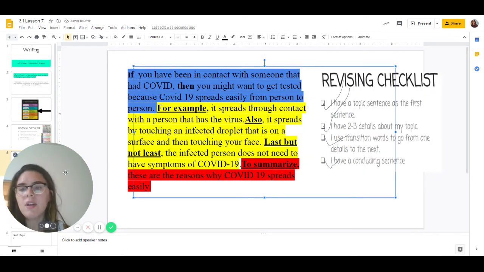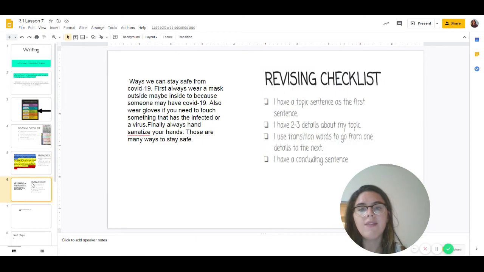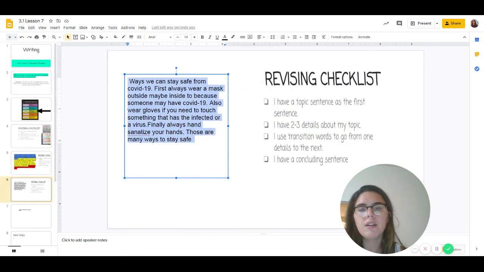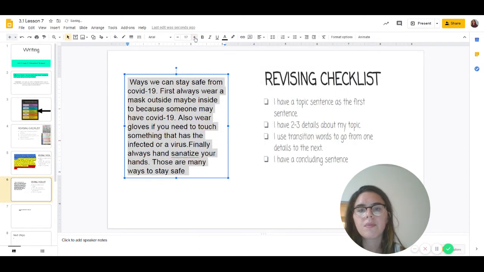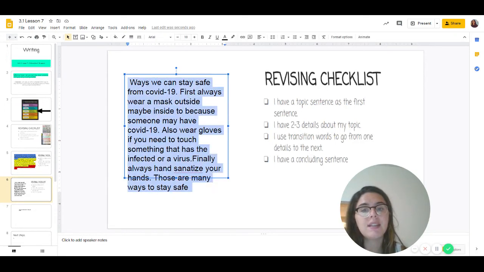Okay, so now I'm going to show you an example of some of the ones that I read from your work. So I read this one. Let me make it a little bigger. Ways we can stay safe from COVID-19. So I know that's a topic sentence. That student is going to talk about ways to stay safe from COVID-19.